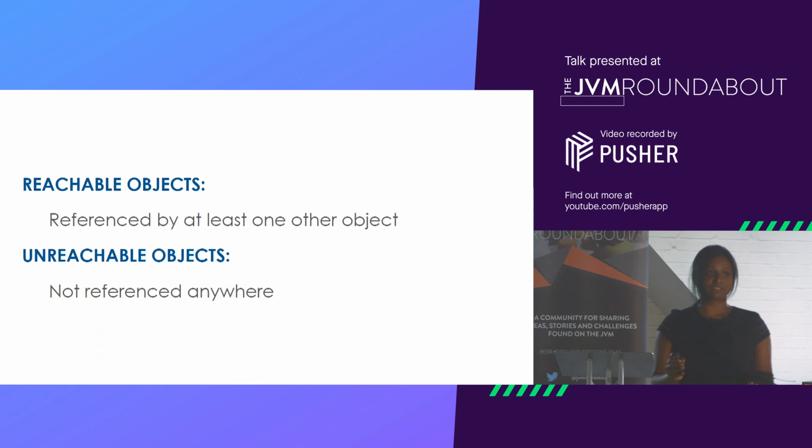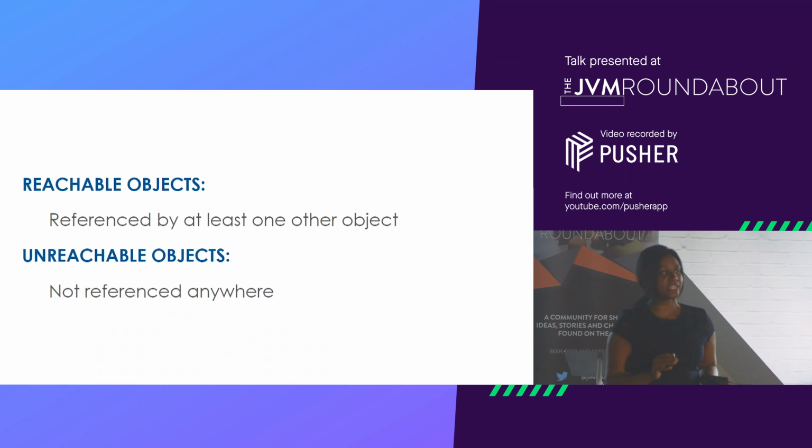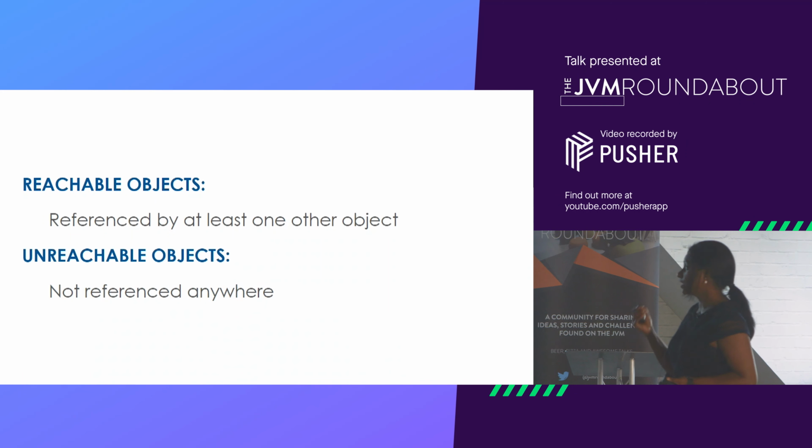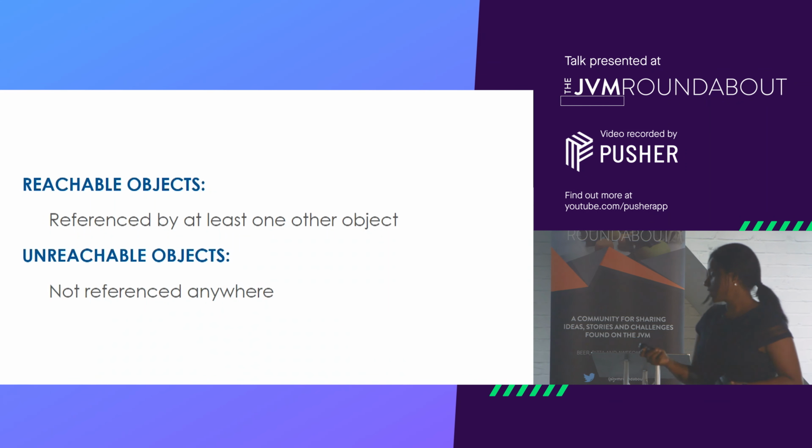So if you can imagine, there's an object that's referenced by another object, which is referenced by another, and so on. If you traverse through all these references, you will reach the root node of your application, which pretty much creates the object graph. On the other hand, unreachable objects are objects that are no longer referenced by any objects in your application.